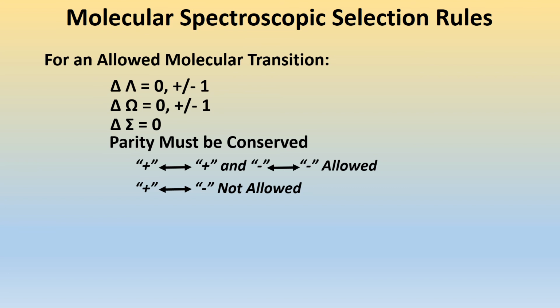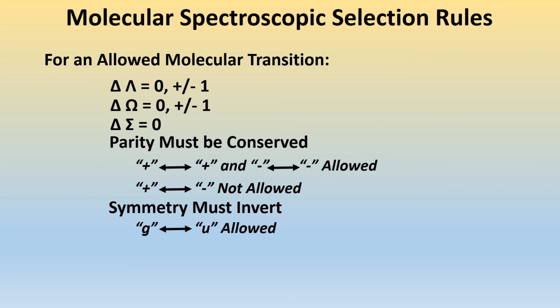For any transition to happen, there must be some change. Since the change is not offset by a change in the photon, you find that symmetry must invert. Therefore, even to odd, g to u, is allowed, but no transitions from g to g or from u to u are allowed.